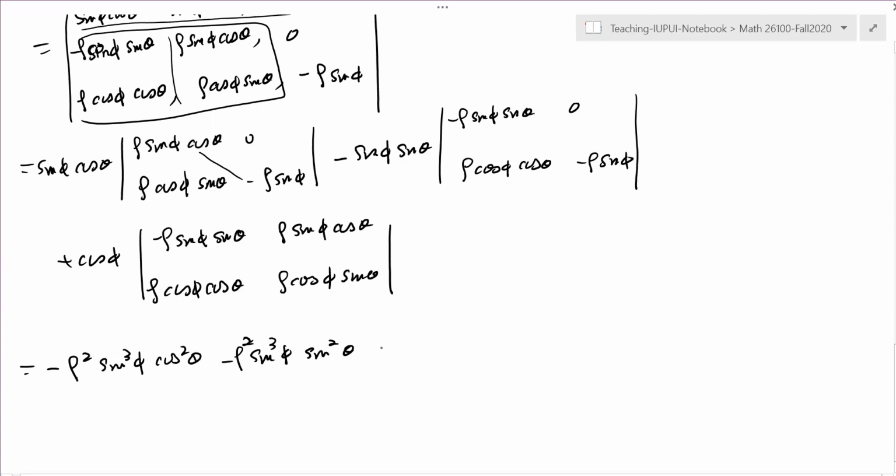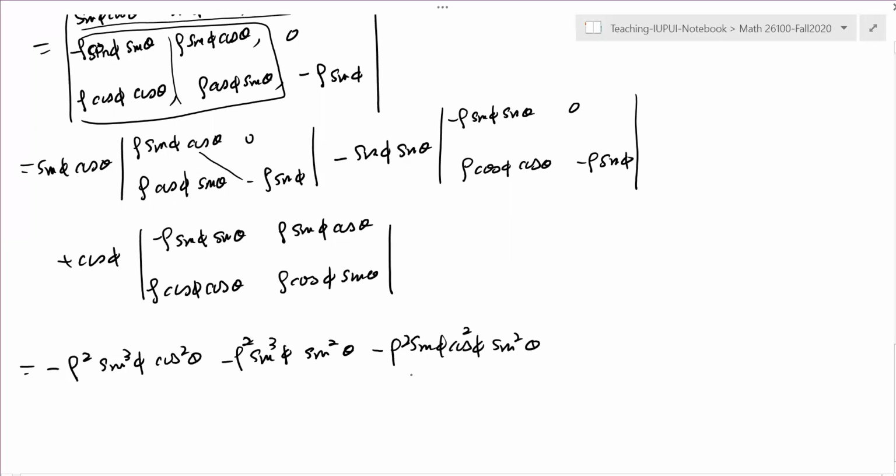And the last one is negative, so you have a negative rho square sine phi cosine phi, then sine square phi, cosine square phi, then sine square theta.